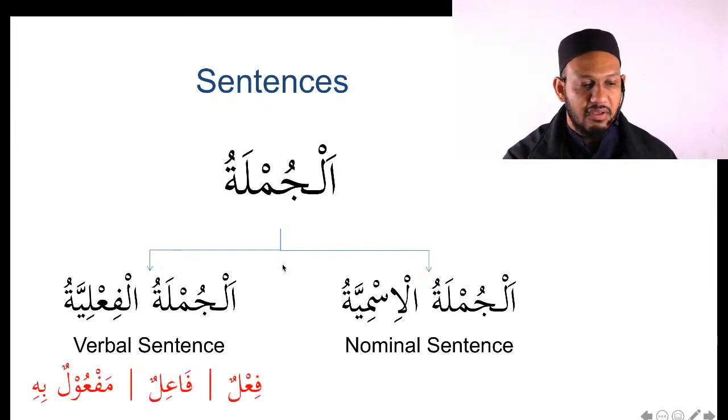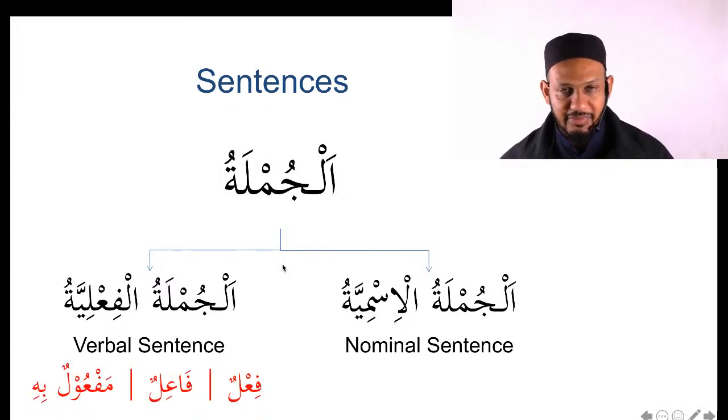These are fi'l, the verb, and the fa'il, which is the doer, which is in raf'un, and maf'ulun bihi, which is the object or the done upon in the sentence.